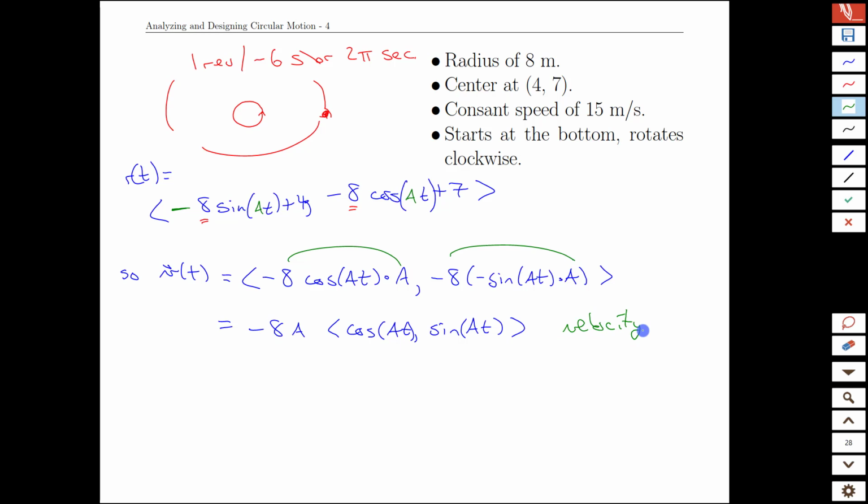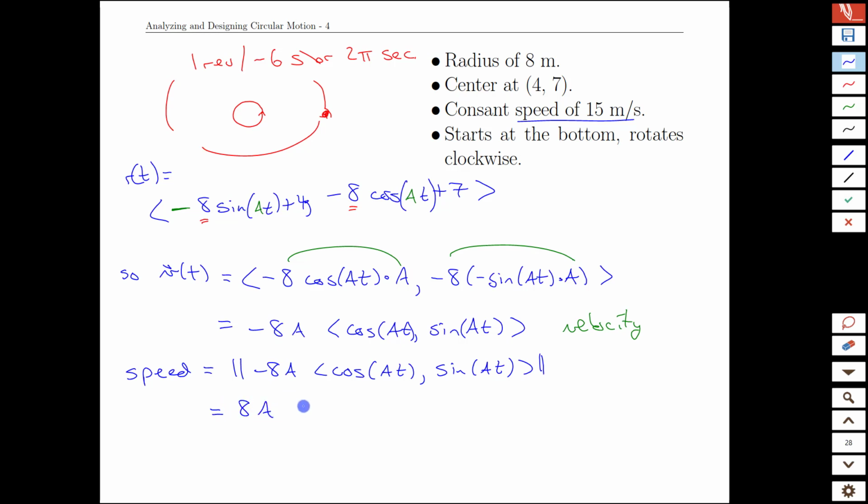And as we know, if we want a speed that is constant at 15 meters per second, we simply find the magnitude of that vector. Cos of at, sine of at. And the nice thing about magnitudes is that if we have a multiplier, it just comes out front, it becomes positive.